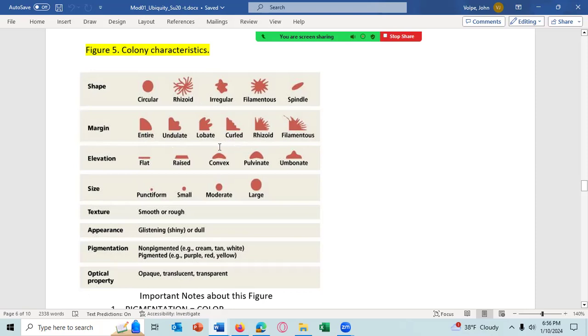Elevation is the elevation of the colony. The colony could be flat, raised, convex, pulvinate, that's extreme convex, and umbonate, mountain shape. I would not expect you to distinguish between a convex colony and a pulvinate colony. You can distinguish between the size of a colony. There's punctiform, which is a pinprick. There's small.